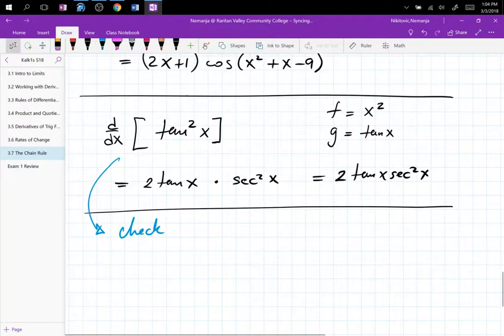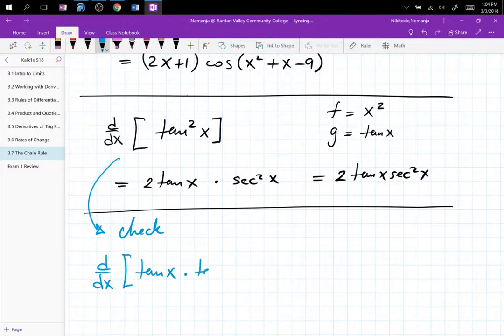Can we check this using multiplication somehow? The product rule? Can we? Yes. Compute the product rule for this.